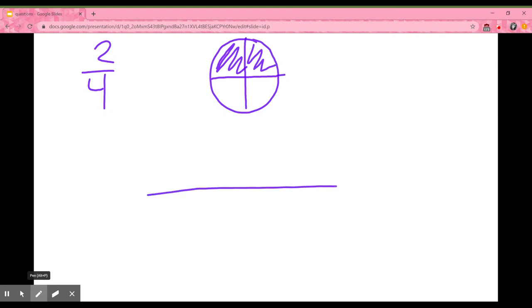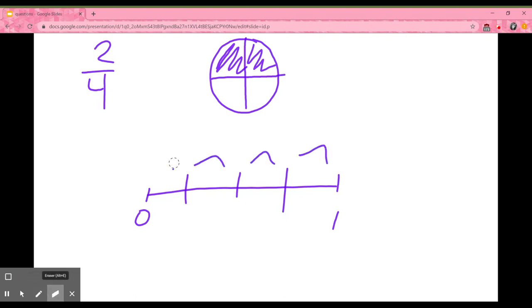As a number line, we have 0 and 1. We're going to break it into 4 pieces, like that. And if I wanted to count the spaces, I could. I have 1, 2, 3, 4. And if I wanted to label the lines, which might be better to know where to mark your fractions, remember, I don't start on this one because that is 0.